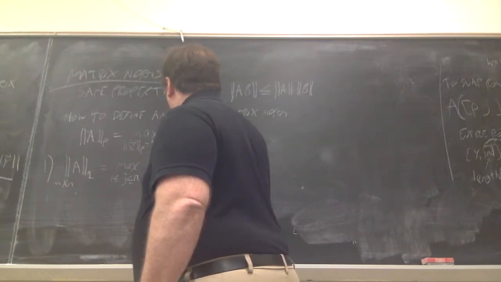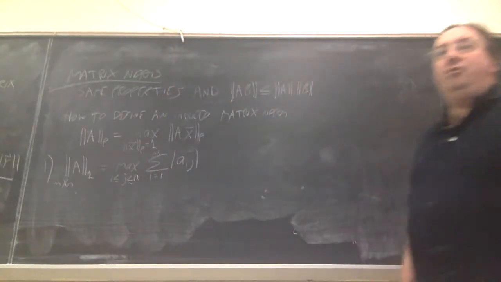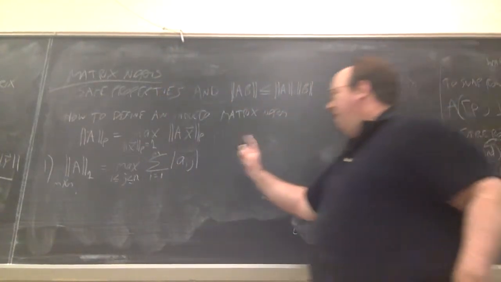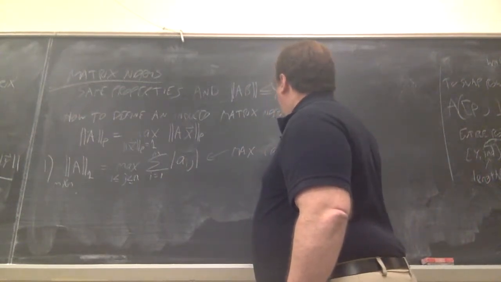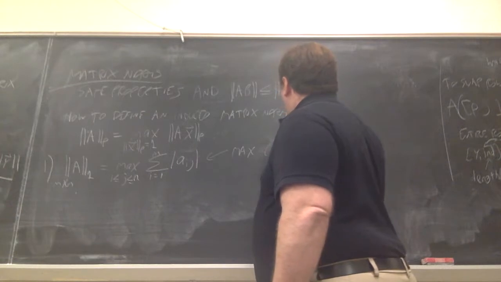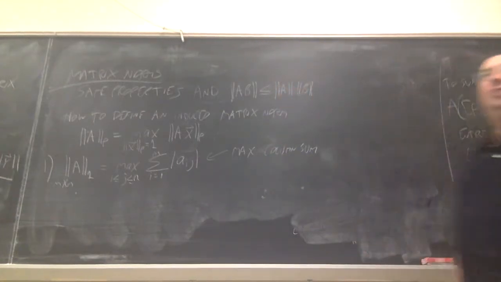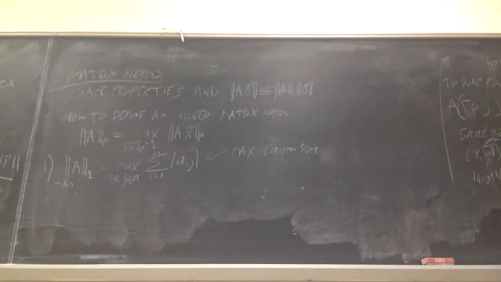So what we do for the one norm, I can interpret this for you. It's the maximum column sum. If you take the absolute value of all the entries and add up the entries in each column, you get a column sum. The largest of those column sums is the one norm.